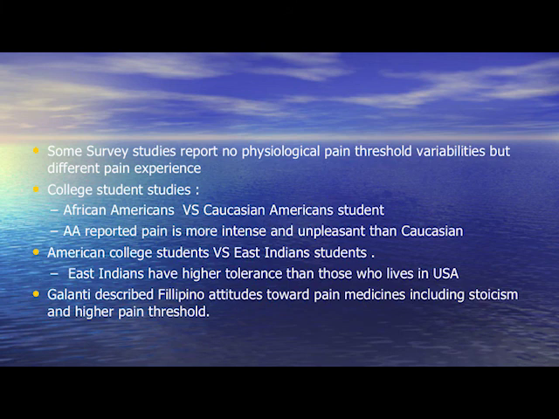The problem comes from what they comment on this pain. The studies show that between African American and white American, the African American reports pain as more intense and unpleasant than the white or Caucasian. They feel it is more intense for them, even with the same threshold. The same thing, the East Indians, they tolerate pain more than the Western or the American white people.